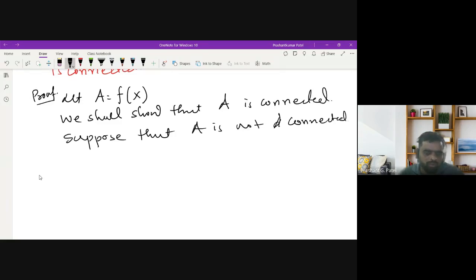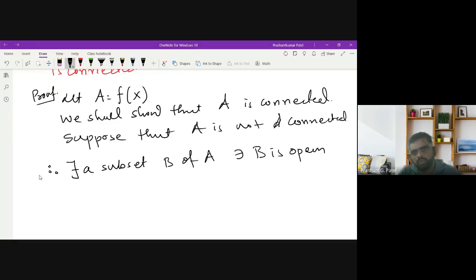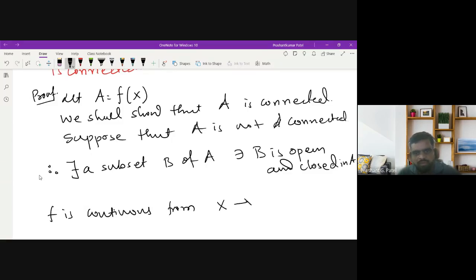As per the result we have discussed, there exists some subset B of A such that B is both open and closed in A. F is continuous from X to Y, so the inverse image of an open set is open.